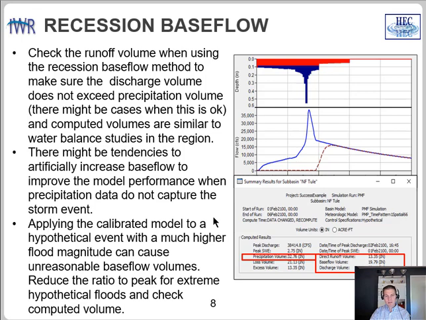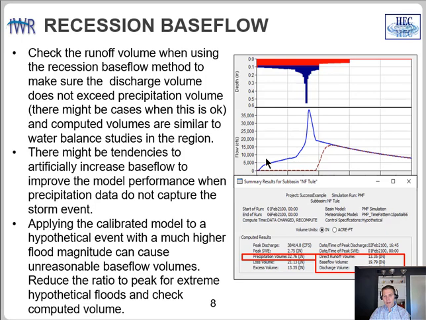What you really must do whenever you use this recession baseflow method is look at the volume of the computed hydrograph and make sure that the baseflow volume and total discharge volume do not exceed the precipitation value.